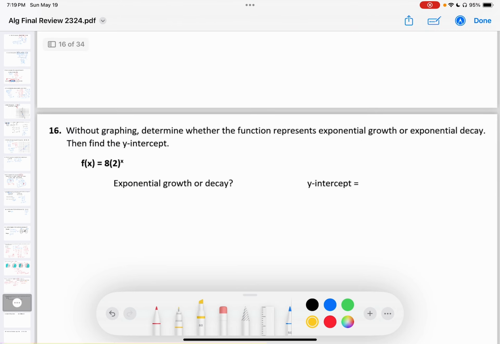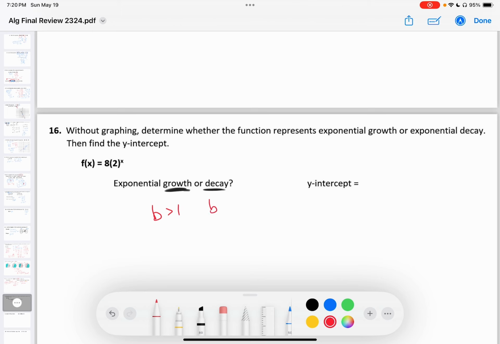Without graphing, determine whether this function represents exponential growth or exponential decay, and then find the y-intercept. So we are looking solely at the b value, and if our b value is greater than 1, we are going growth.